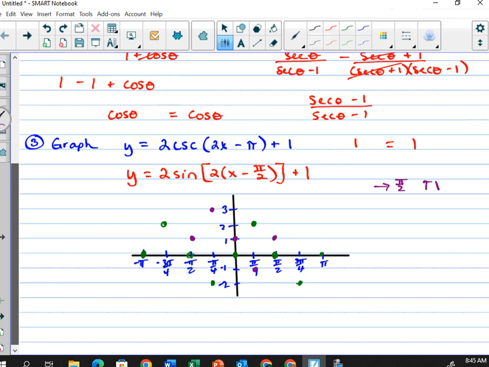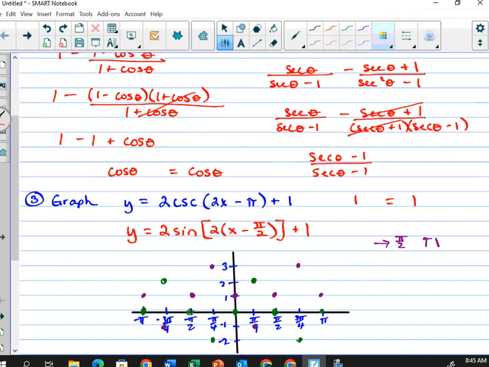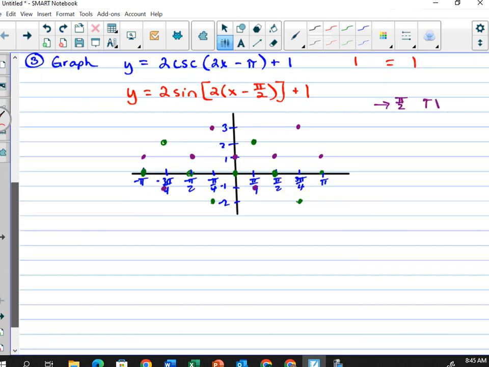Then I'm not going to graph sine, I'm going to graph cosecant. So the midline points give me asymptotes. You can draw in the sine curve if it makes you feel better.